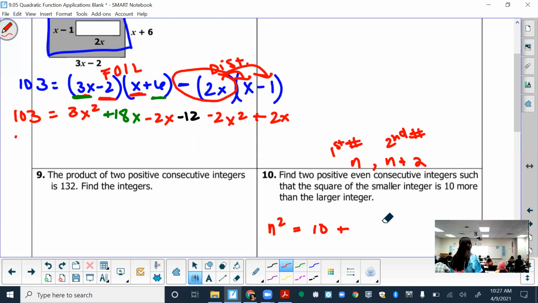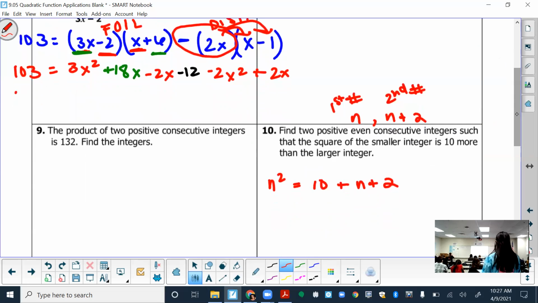So the larger number we said is n plus 2. All right, everyone see how we just like translated it? All right, you just have to translate it into what it's asking for. If you have trouble with that, let me know. I don't know what the test looks like yet, but if it's hard problems like this, we'll spend more time on it than one day.